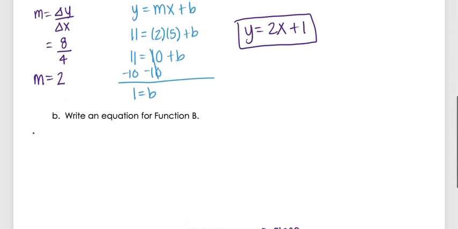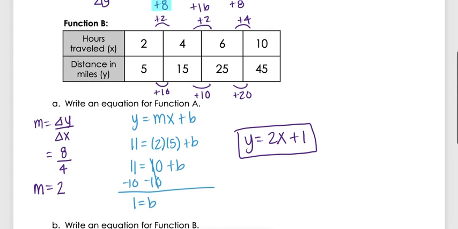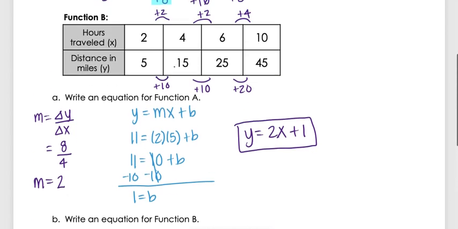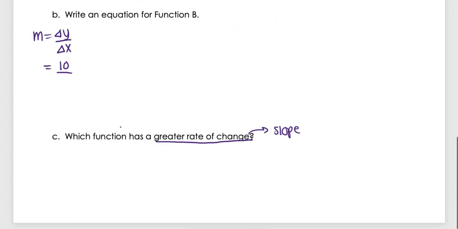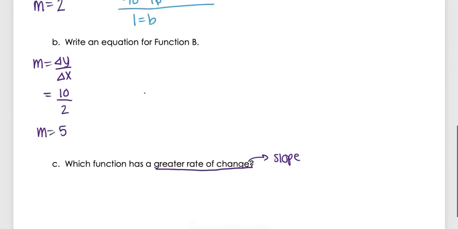And so again, my m is equal to my change in y over my change in x. So I see my y change by adding 10 each time. My x changed by adding 2.